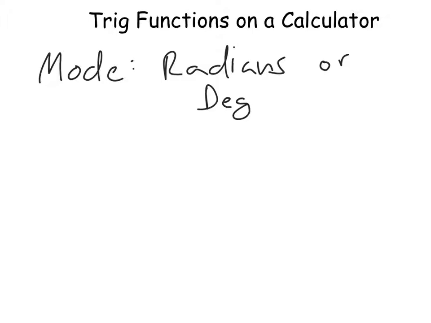If the calculator is not working out well, that's probably what's happening. So be sure you're really clear as to which you're supposed to be in. Once you have that, it's pretty straightforward. If you wanted to get the cosine of 28 degrees, you would literally just type in cosine of 28, making sure you're in degree mode. Switch over to radians if that's what you're supposed to be in.